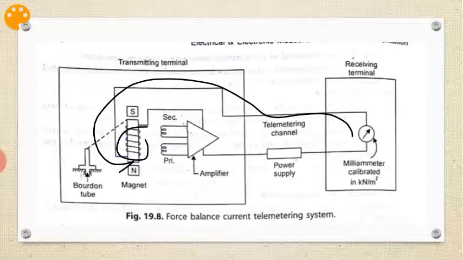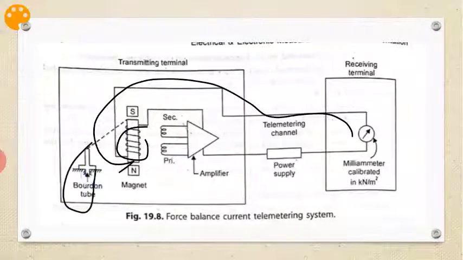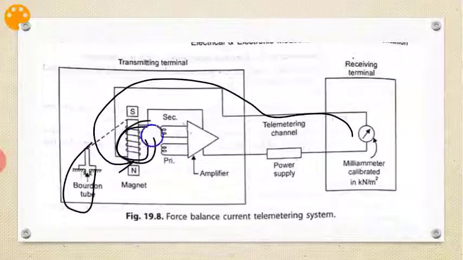When pressure is sensed, the Bourdon tube, after sensing the change in pressure, rotates the feedback force coil. This is the feedback force coil.